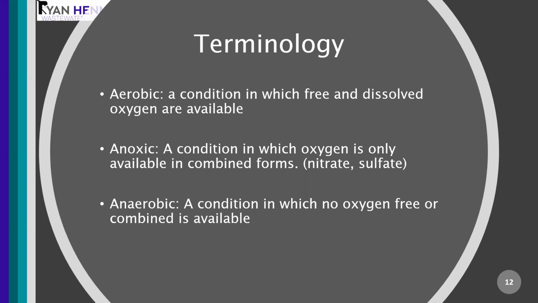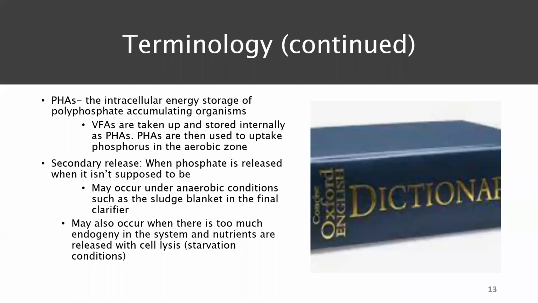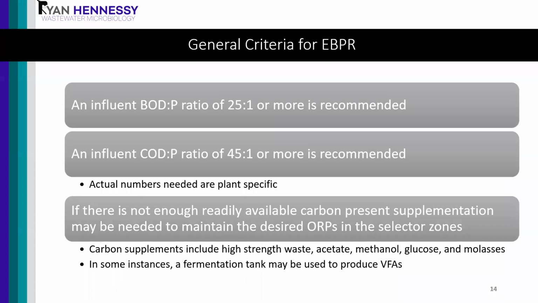We have to have that low enough in an anaerobic setting for that process to work. So we will get back to some of this terminology as we talk about it a little bit more, just so this flows a little bit better and makes a little bit more sense.